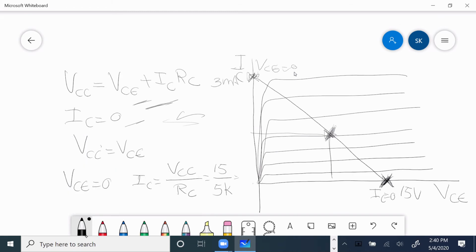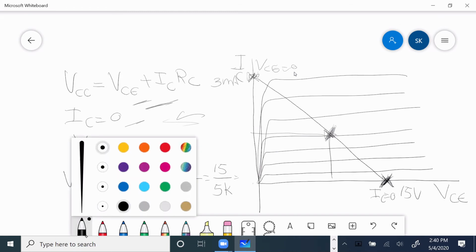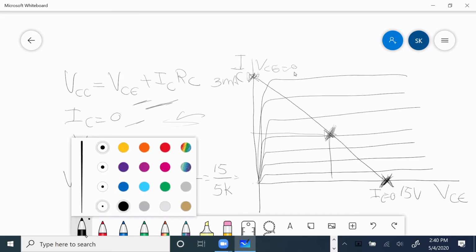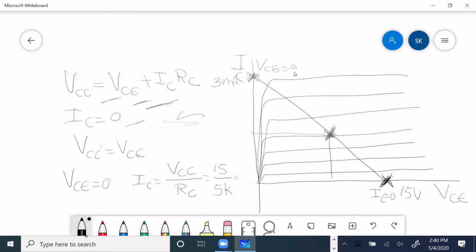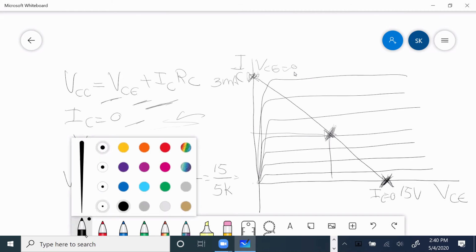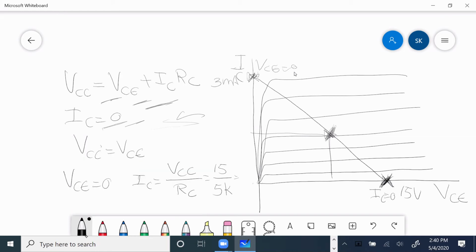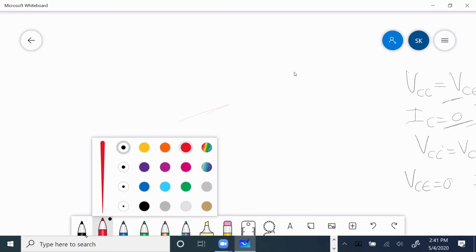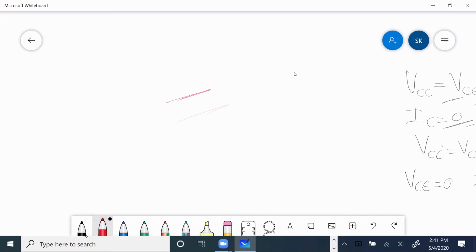Maybe the battery is running low. Never mind. Oh, I can use this red one actually. Oops. Okay.